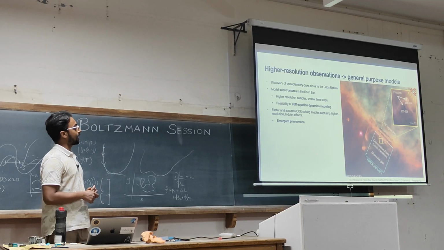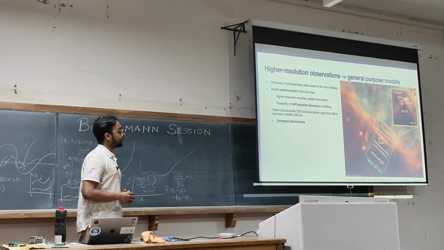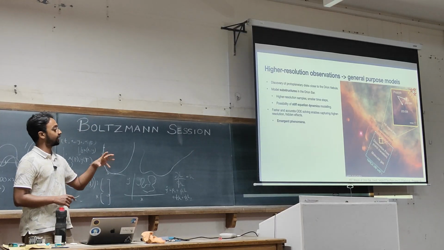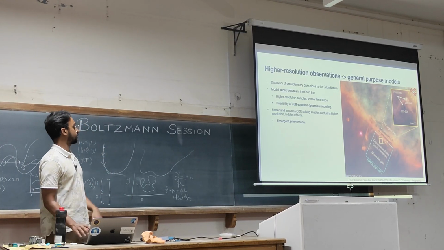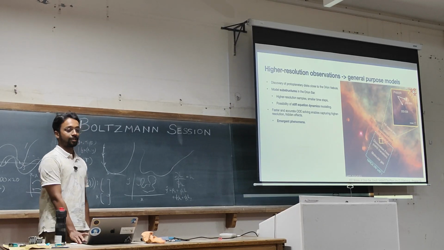Because NeuralODEs can be modeled to arbitrary precision, the idea is to use these kinds of emulators, which use differentiable solvers, to then model emergent phenomena. This is actually work in progress.